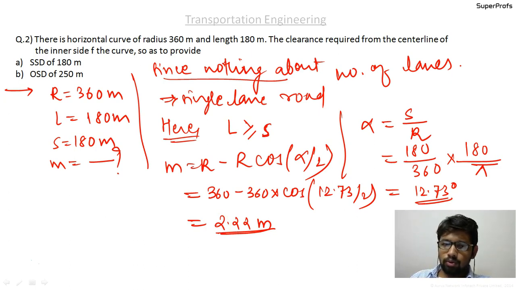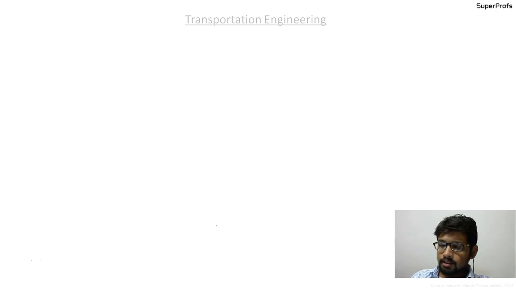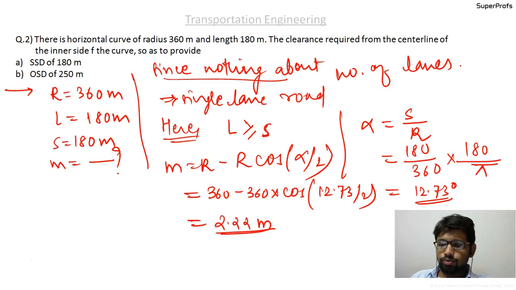So now we will move on to question B, that is, OSD equal to 250 meters. Here the S value is greater than the length of the road.